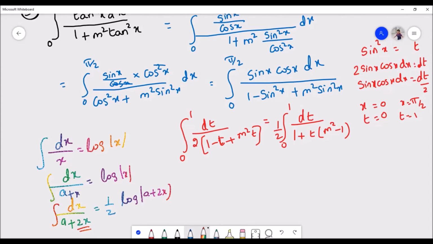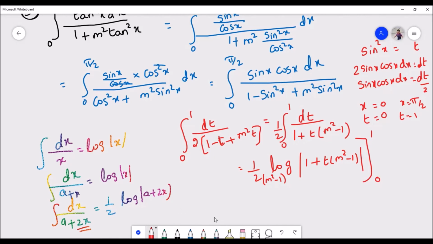So now we can write the answer as, with one half outside, half log mod 1 plus t times m square minus 1, and the coefficient of t has to be divided. So divided by m square minus 1, and the limits we are going to apply are 0 to 1.